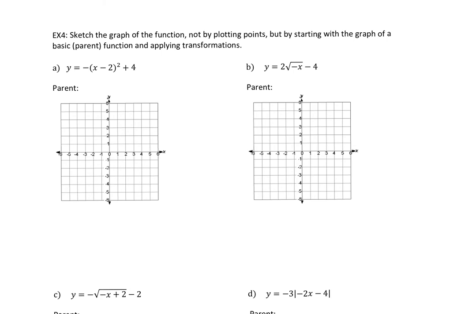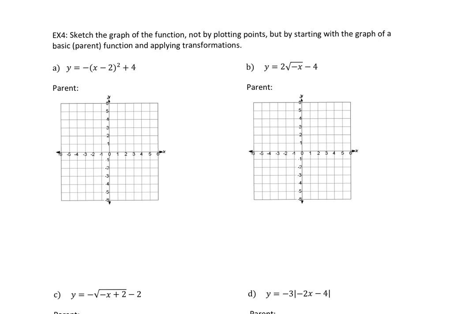Example 4, we're going to sketch the graph of our function. Again, we're not going to plot points, but we're going to start with our basic or parent function and move it around. So whenever we graph our basic or parent function, we are still going to plot points because it's those points that we're going to be moving around. Let's see. So a is y equal to negative parentheses x minus 2 squared plus 4.